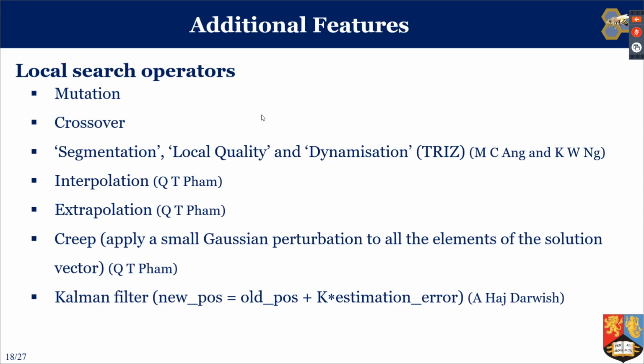Or you can add these fancy operators known as segmentation, local quality, and dynamization, which are inspired by the TRIZ method. And this idea was pursued by Mei Chu Ang and Kok Meng Ng, who were with us in Cardiff many years ago.